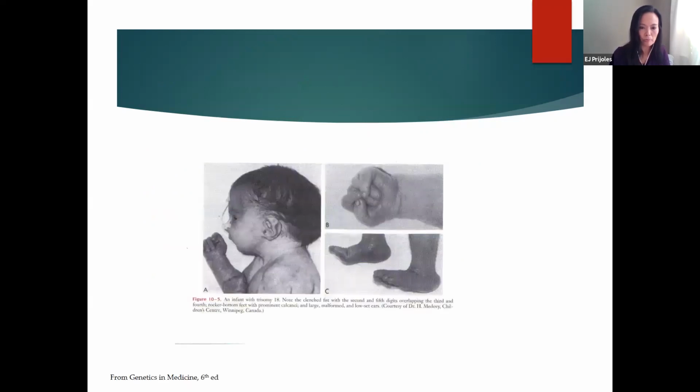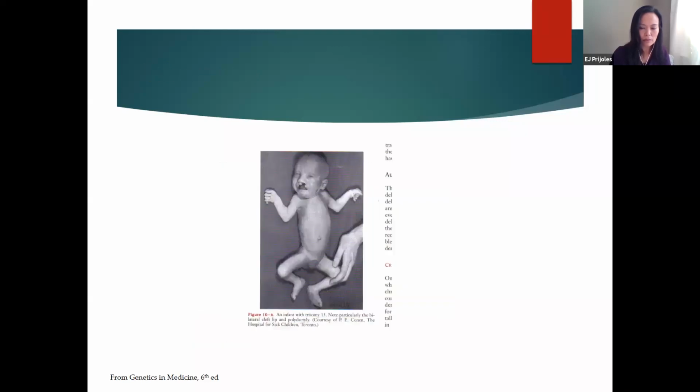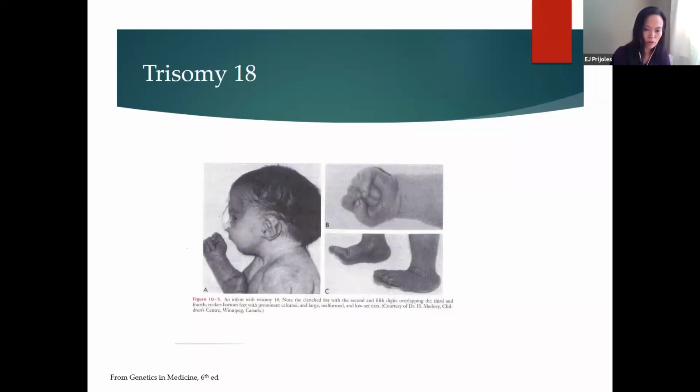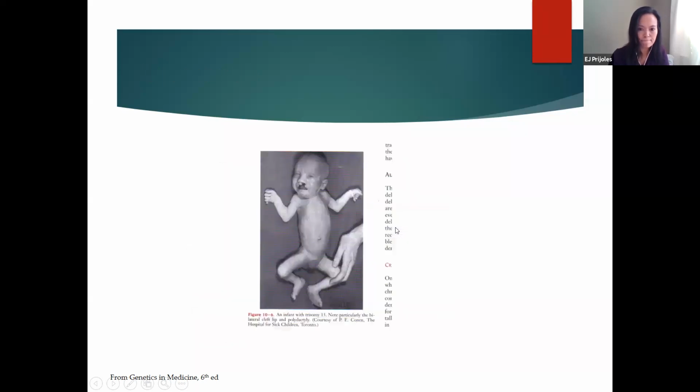And then this is a photo or picture of an individual with trisomy 18. And just remember some of the characteristic features that might be evident, including ear anomalies, micrognathia, rocker bottom feet, and a clenched fist.